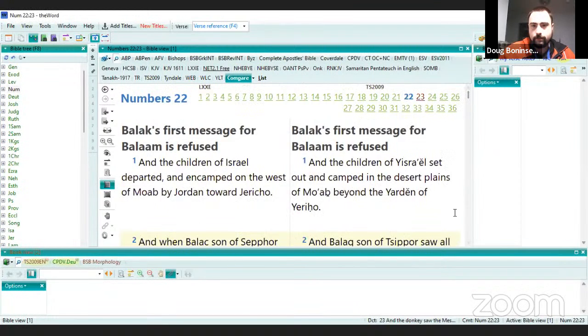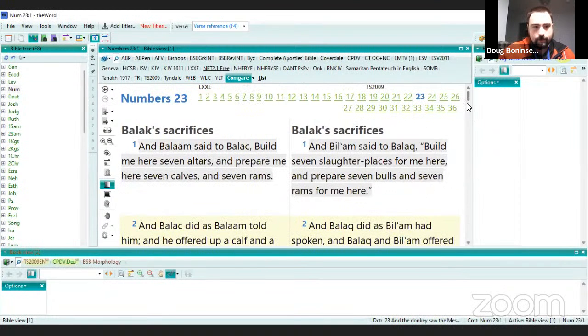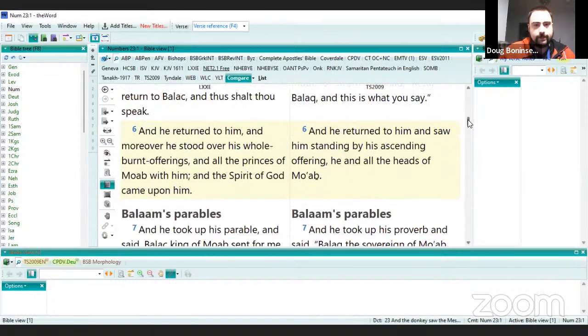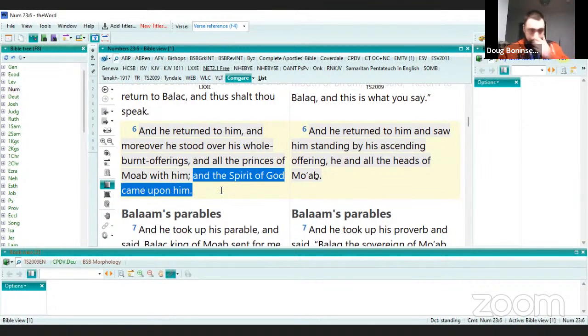Okay, so here we go. For the Masoretic, it would say in the ISR, and he returned to him and saw him standing by his ascending offering, he and all the heads of Moab. So a part of the verse is actually missing here. I'll show it. Right here at the end, it says, and the spirit of Elohim came upon him.